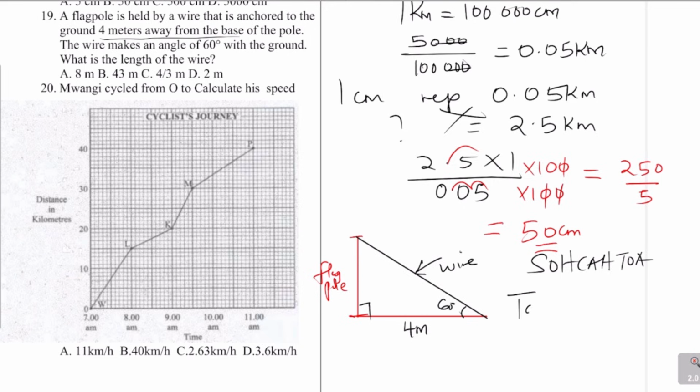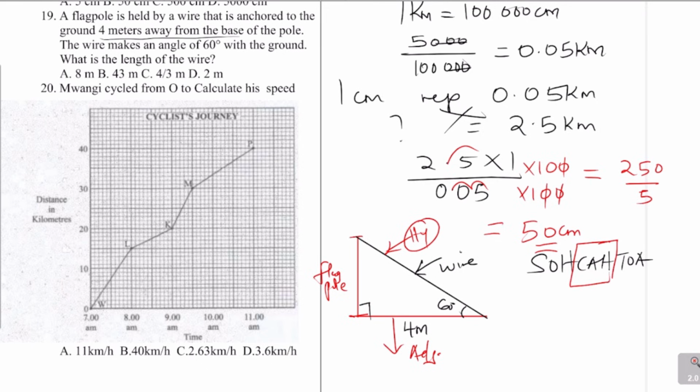Tangent of 60 degrees is given by the opposite side, which is the flagpole. But that will not give us what we want, because we want the length of the wire. The length of the wire is the hypotenuse. Which trig ratio uses the adjacent and the hypotenuse?